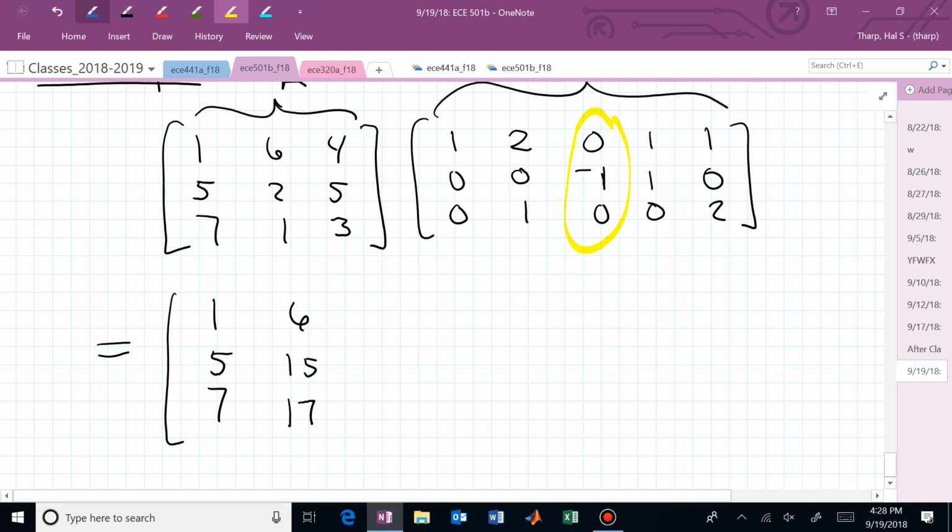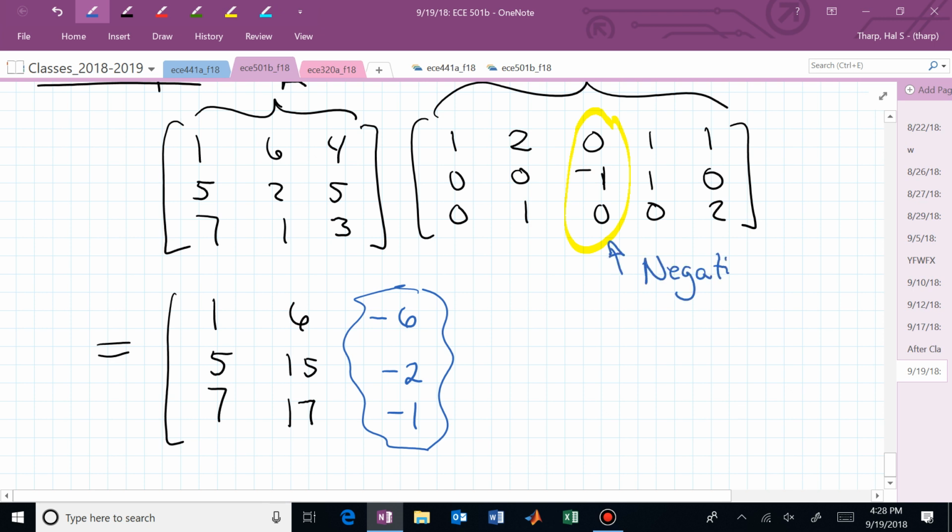So the third column in my result is just going to be the negation of the second column in A, or -6, -2, -1. This is the result of this column really saying take the negative of the second column of A.